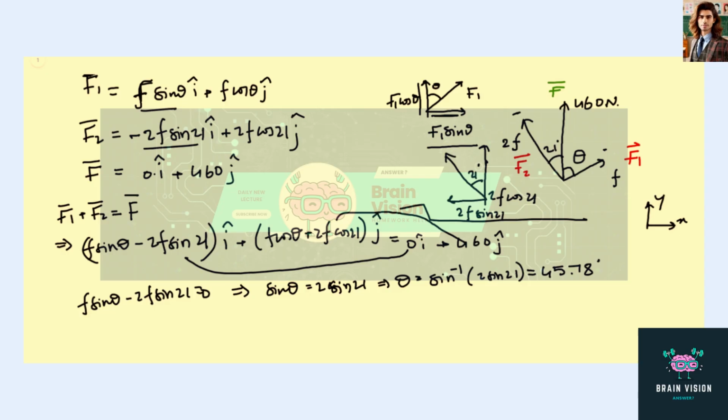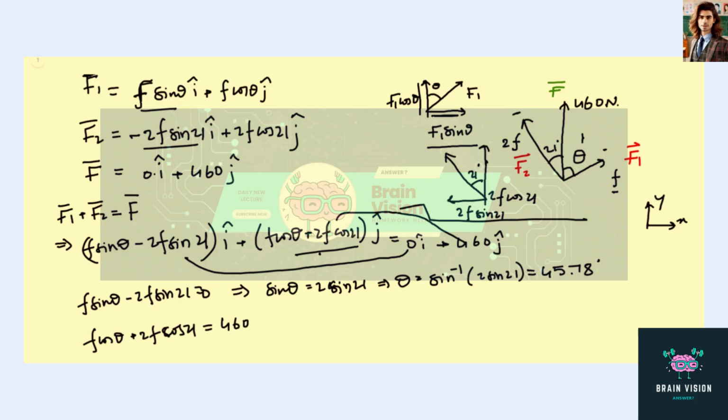Now, because we know one of the unknowns, which is theta, we only need to find out the other unknown, which is f. For that, we use the second equation, that f cos theta plus 2f cos 21 is equal to 460.